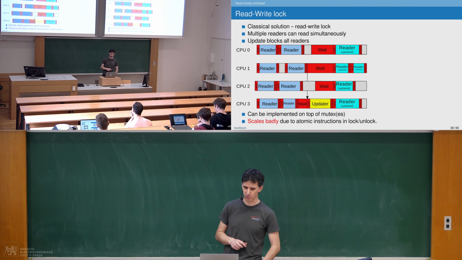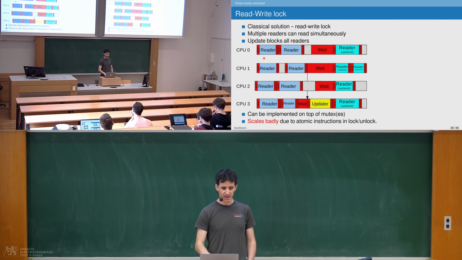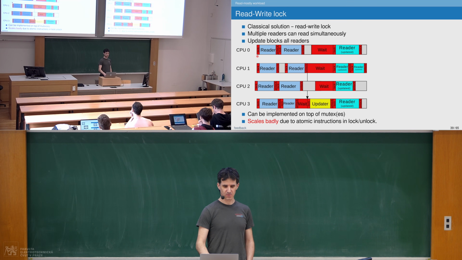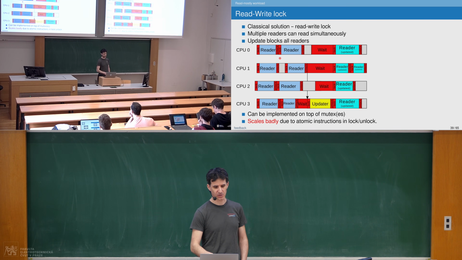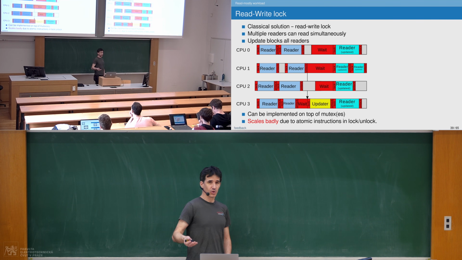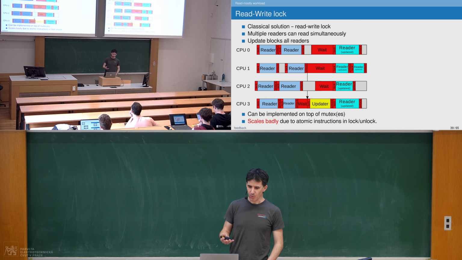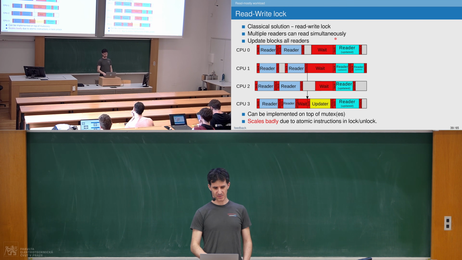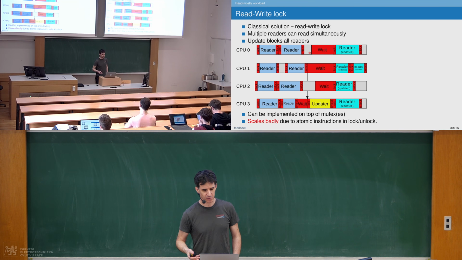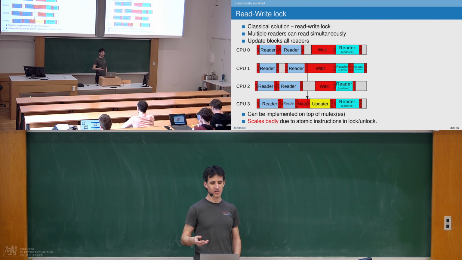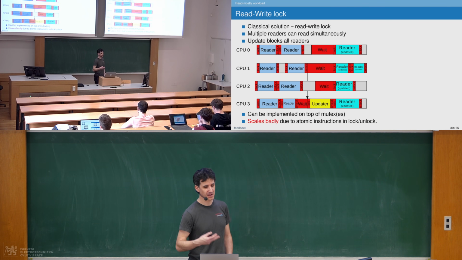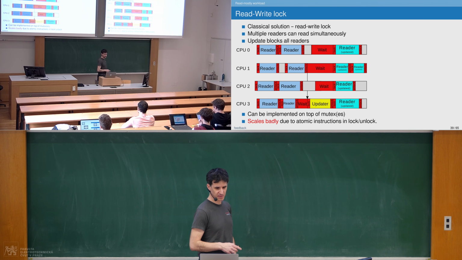But the problem of read-write locks is that, as with a mutex, they use atomic instructions in lock and unlock operations. And as you know, atomic instructions can be slow, they scale badly, and so on. So this picture is much better than what we have seen before, but there is still too much red color here. Ideally, we would like to get rid of that red color.